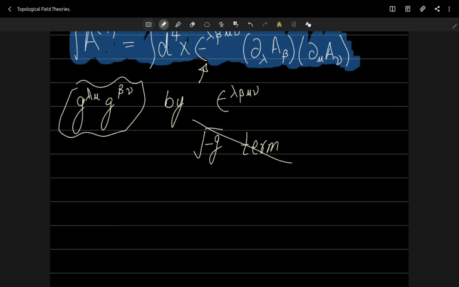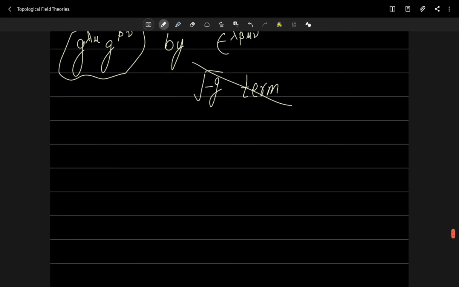Now, finally, from all of this, what we can do is consider our action. The overall action is now of the form negative 1 over 4 integral d4x square root of negative g.